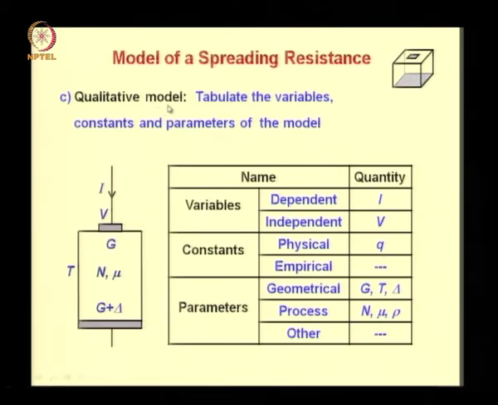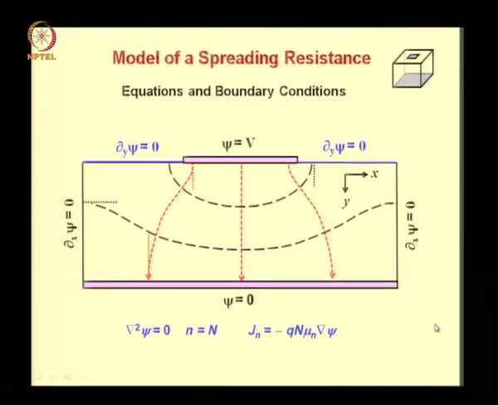As a part of qualitative model, we finally tabulated the variables, constants and parameters. Next, we considered equations and boundary conditions. The equations were del square psi equal to 0, electron concentration equal to doping concentration and electron current density equal to minus q doping concentration into mobility into gradient of psi, because the current was only due to drift.